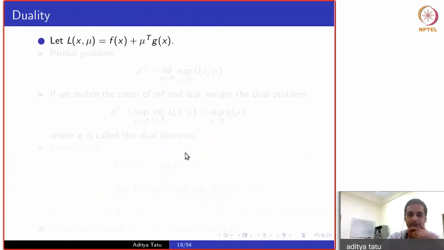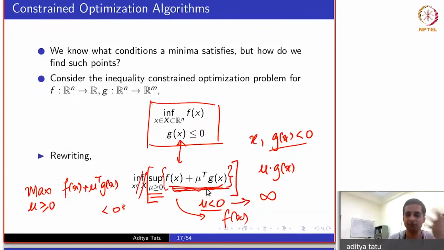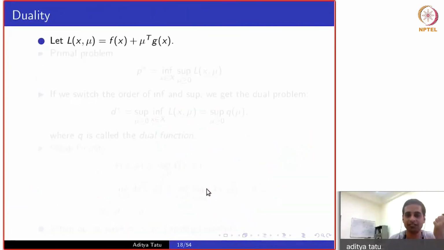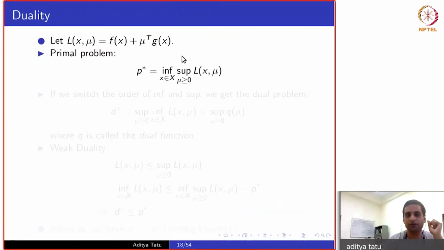This function in this bracket is nothing but something we have already introduced. This is your Lagrangian. So the original problem can be written in this way: inf over all x of supremum over all mu of the Lagrangian. And we say that the minimum value of this supremum of L(x, mu), we denote by p star.